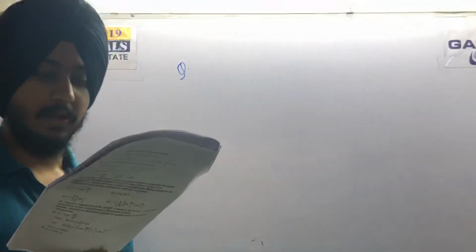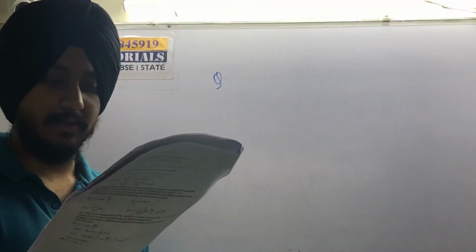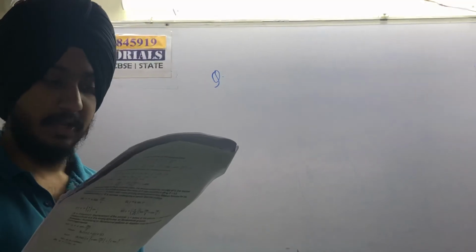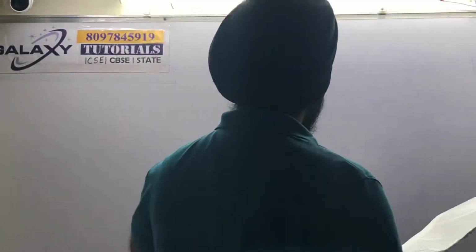You know this principle. Okay, the baseline AB is the line joining the Earth's two locations 6 months apart in its orbit around the Sun. Okay, I will write it.